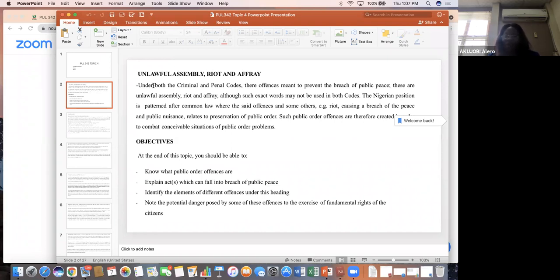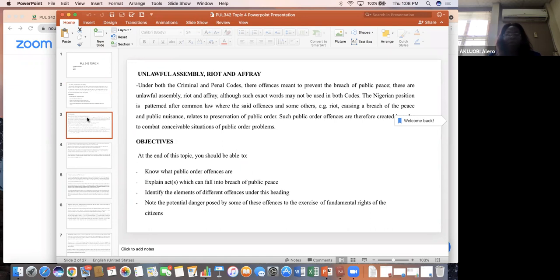Like in the case of unlawful assembly, as we go ahead, we will find out that even though there is a provision for it under the Act, it is at the end of the day unconstitutional, going by the provisions of the Constitution. And so to that extent, such acts have been proclaimed null and void.